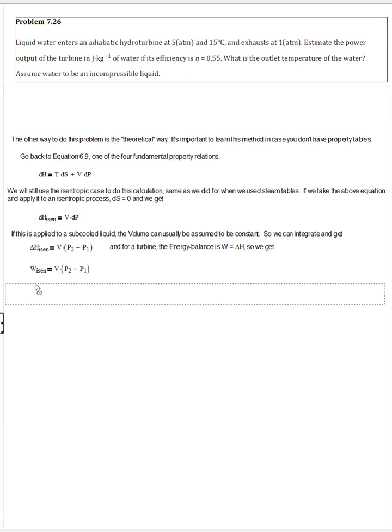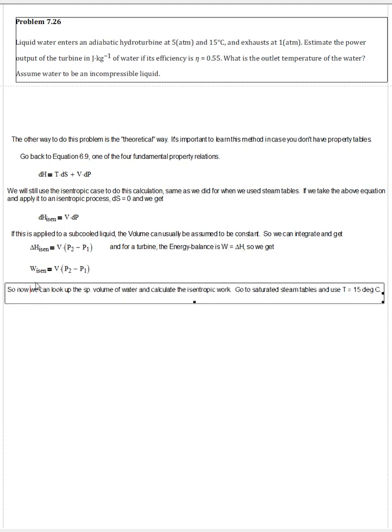Now we can solve for the isentropic work. We have to figure out what specific volume we're going to use. We already know the pressures, so all we need to do is figure out the specific volume.